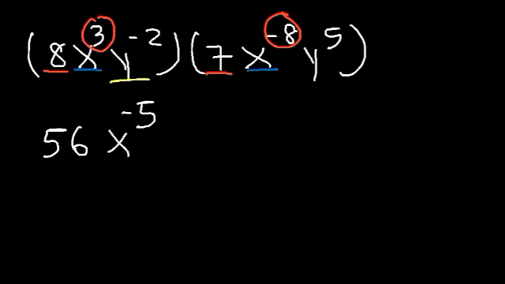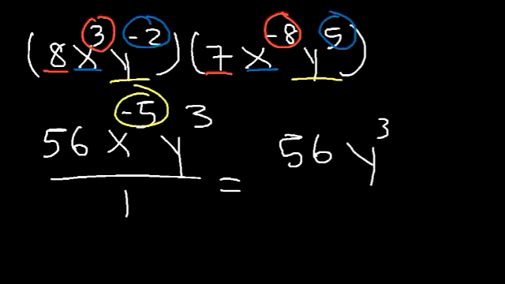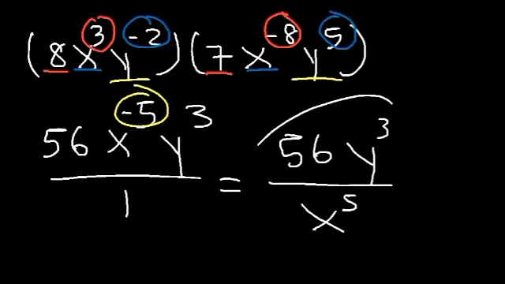And then y to the negative 2 times y to the 5. Negative 2 plus 5 is 3, so we have y cubed. Notice that we have a negative exponent, and we need to make it positive. Therefore, we need to move x from the top to the bottom. So the answer is going to be 56y cubed divided by x to the 5th.